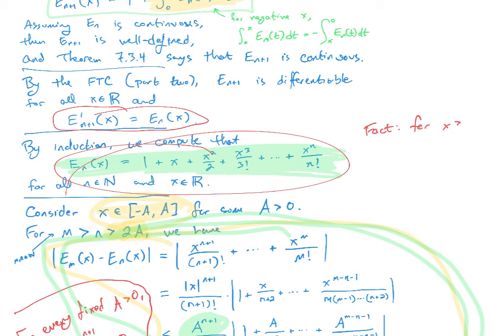Oh, I see. Okay, hold on. Let me make x strictly positive. As long as x is strictly positive, e of x is greater than 1 plus x. That follows right out of that.